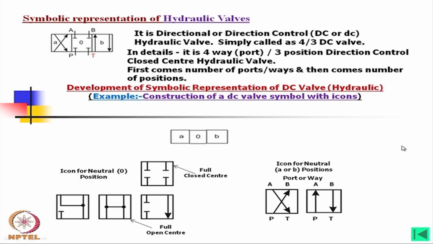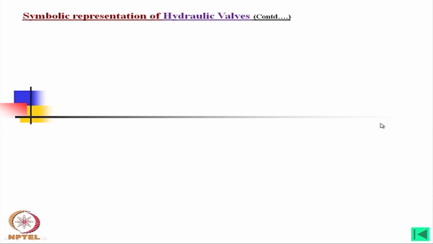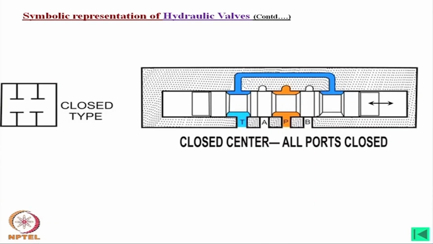One thing I would like to mention is that a pneumatic valve also will look more or less the same, but some other symbols are added to show which one is a pneumatic valve and which one is a hydraulic valve. So, we are now only discussing the hydraulic valves.